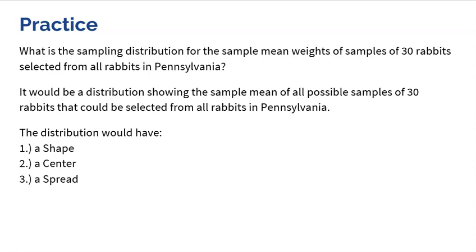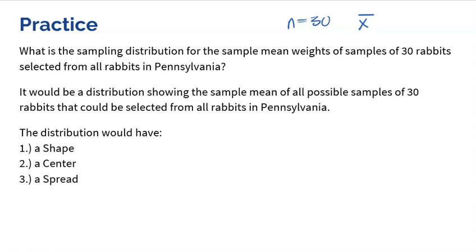What is the sampling distribution for the mean weight of samples of 30 rabbits selected from all rabbits in Pennsylvania? There's got to be thousands of rabbits in Pennsylvania, probably millions. So what would be the sampling distribution? It would be looking at all possible samples of 30 rabbits, and the mean of every single one of those samples.